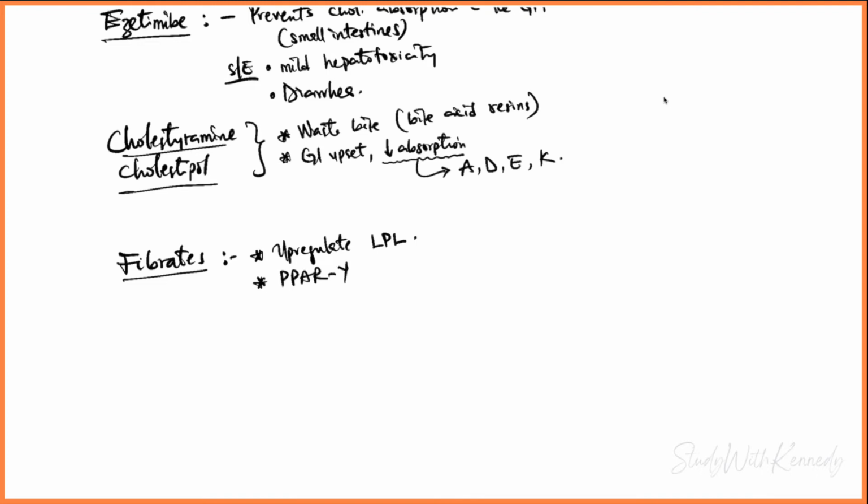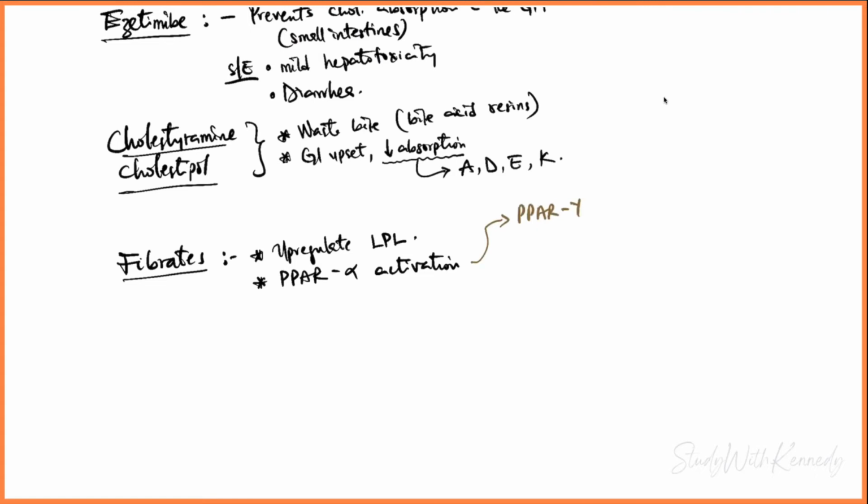The second thing fibrates do that we did not really highlight here is PPAR gamma, or I said gamma there. It should be alpha, right? PPAR alpha activation. Whenever I think of PPAR alpha, I think of another important medication, PPAR gamma. I will mention that in a bit.